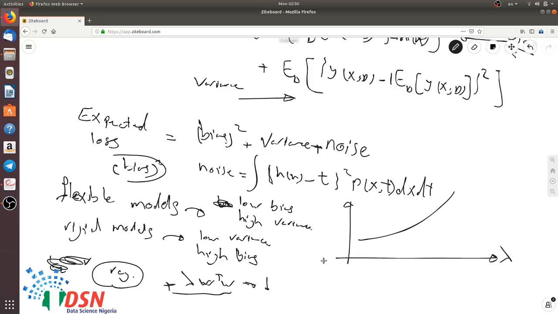And so it means that the variance of the model, or the fluctuation of the weights around zero, is really trivial. So with increasing lambda, the variance will decrease, while the bias of the model increases. And the bias will be something like this.